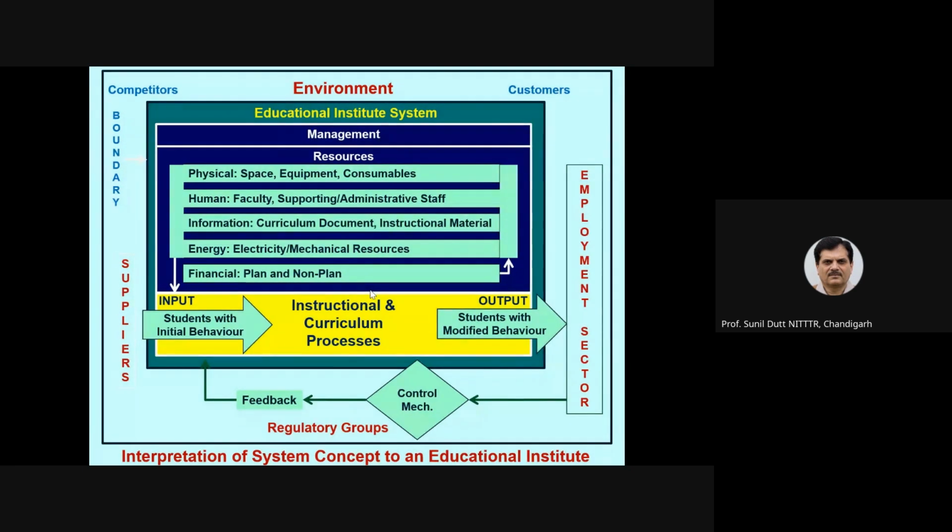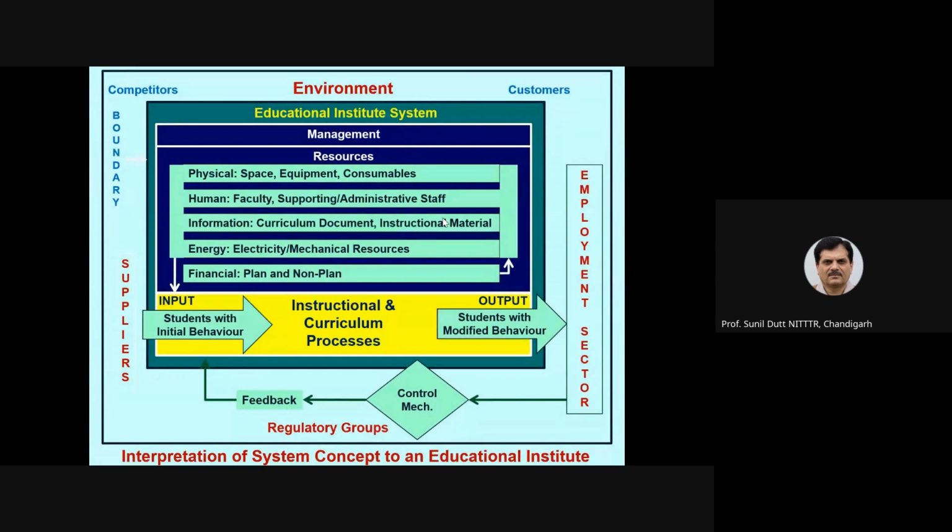So, the choice of the input and the processing methodology is governed by the objective which is set for the system. So, as I said, all systems operate in an environment. The environment may influence the system in its design and performance.